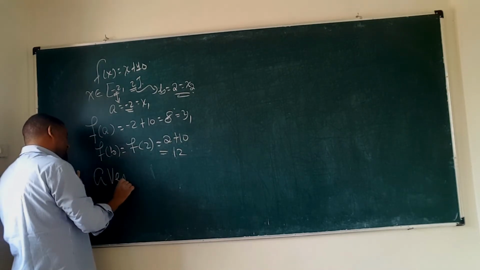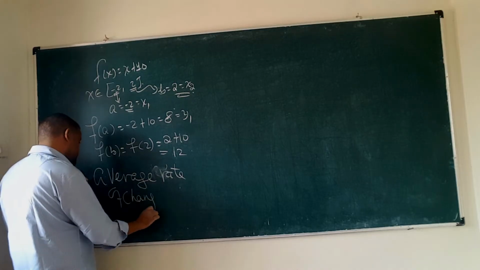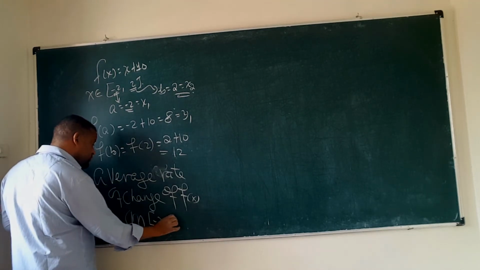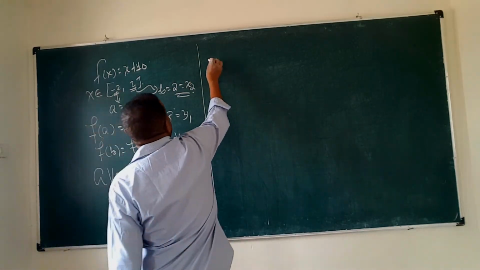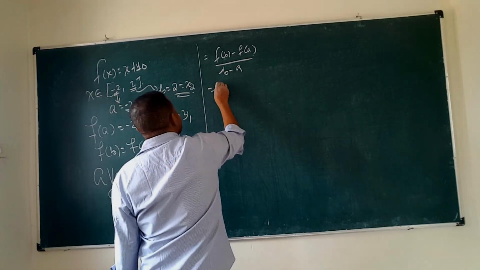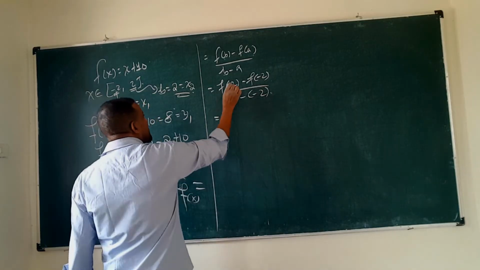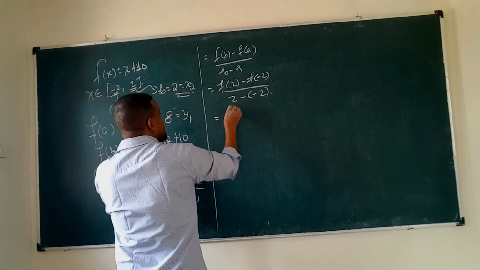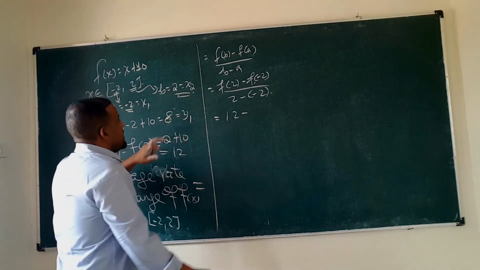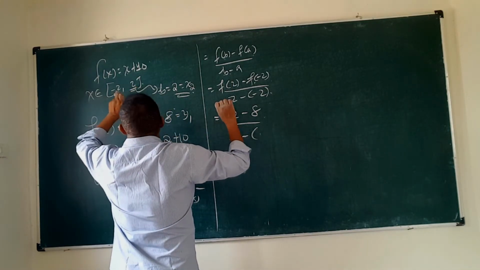So the average rate of change of the function f of x on the interval negative 2 to 2 is f of b minus f of a over b minus a, which is f of 2 minus f of negative 2 over 2 minus negative 2. f of 2 is 12, minus f of negative 2, which is 8, over b minus a, where b is 2 and a is negative 2.